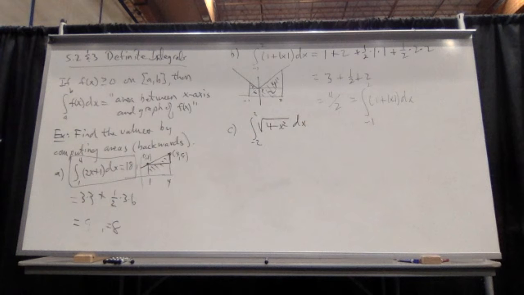Do we know the graph of the square root of 4 minus x squared? I hope someone does. Nobody?